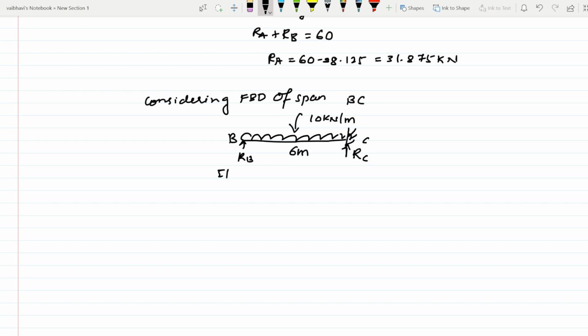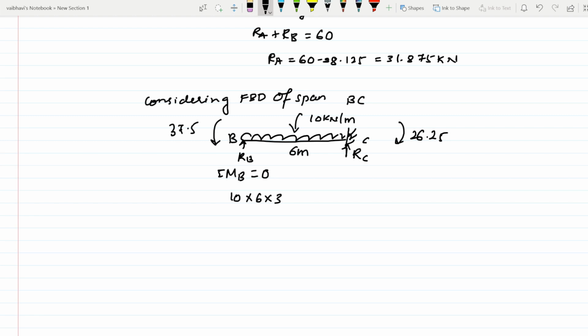Taking summation of moments about point B equal to 0. First, this UDL will cause a clockwise moment, 10 into 6 into 3 clockwise. Then we have to write the moment values. MBC value is 37.5 and MCB is 26.25.